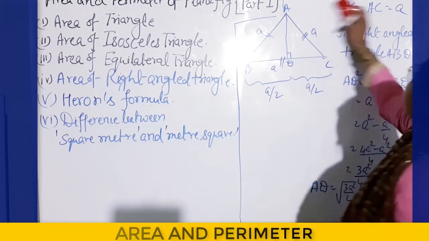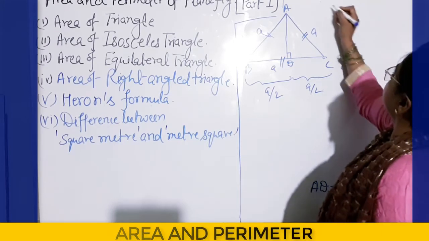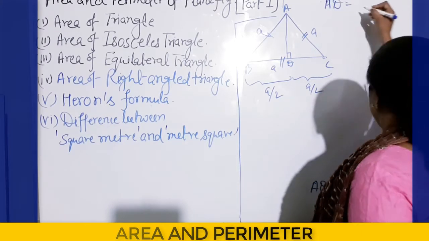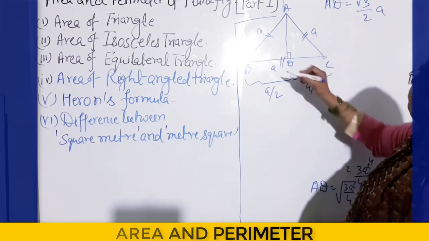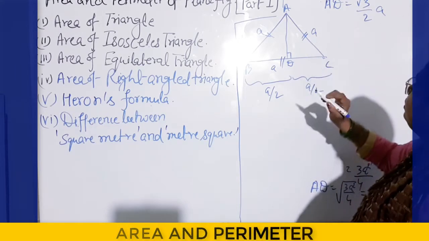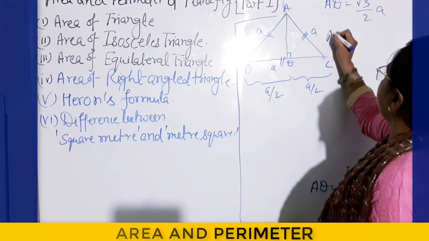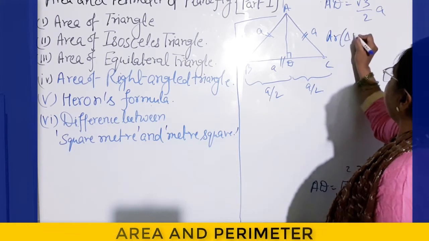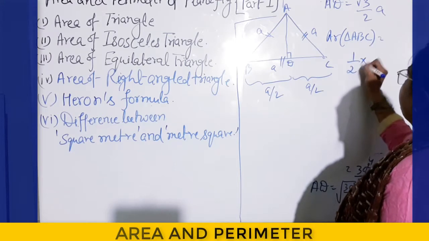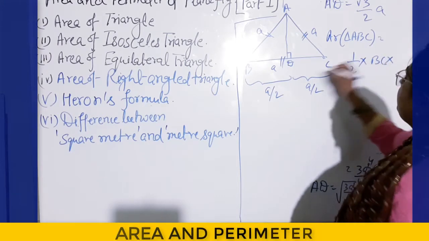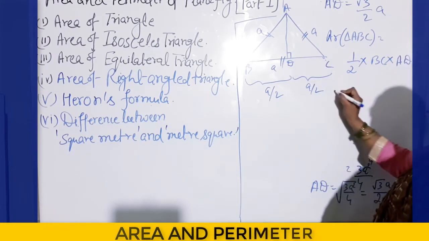Next, if height is known, AD is equal to root 3 by 2 a. So, if height is known, then by the general formula half into base into height, area of triangle ABC is equal to half into base BC into height AD.